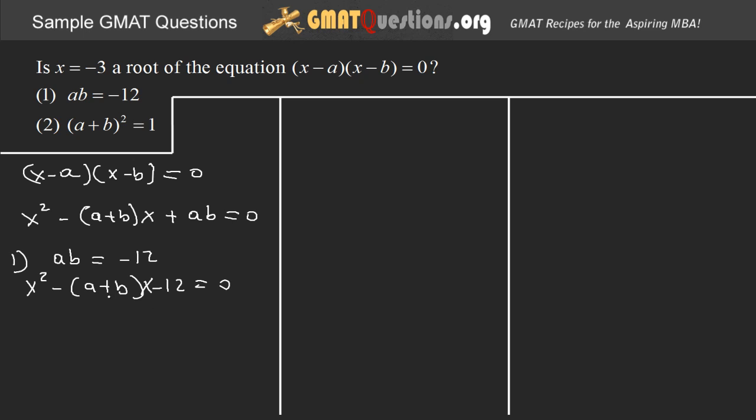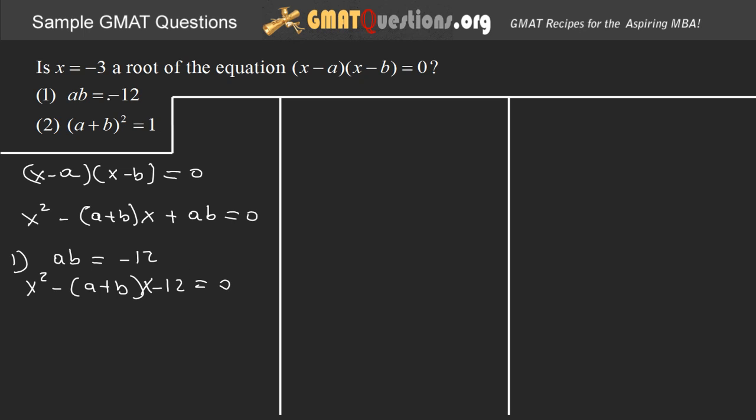We are trying to figure out if negative 3 is a root. We can plug in the negative 3 here, but we're going to be stuck. Negative 3 squared is going to be 9 here, and we have a negative 3 here. We can try to solve this, and we're going to be stuck with the sum being equal to something, but we don't know the sum. Nothing is given about the sum.